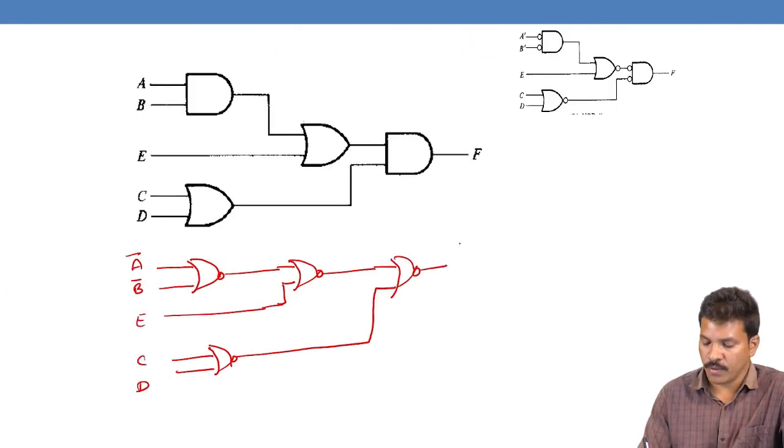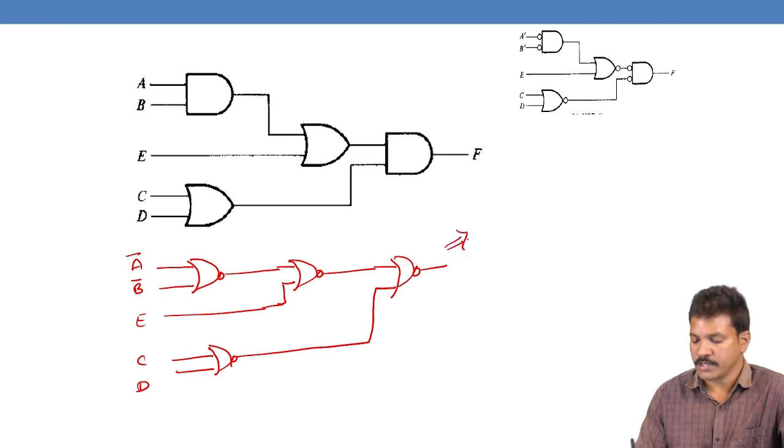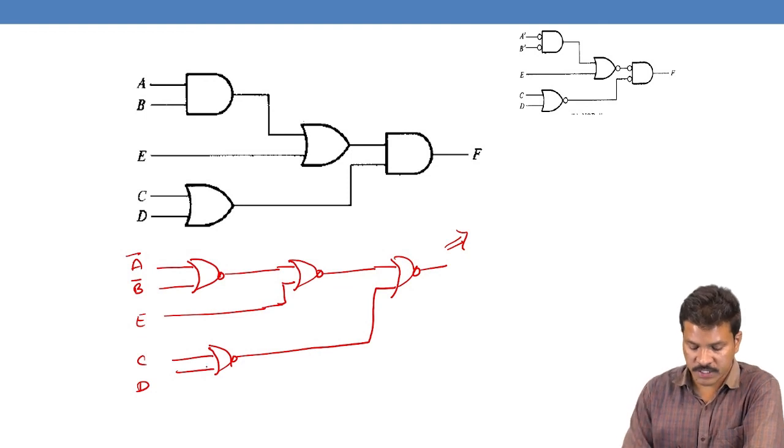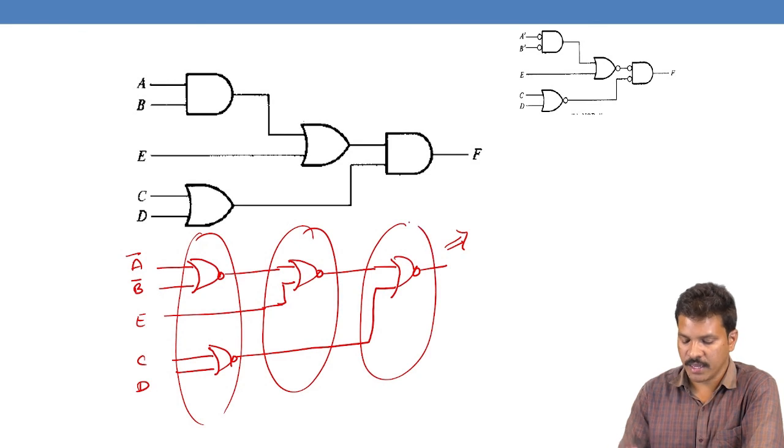This diagram we transform into an AOI diagram. How do we convert this into an AOI diagram? This is level 1, this is level 2, this is level 3. So alternate levels can be converted: this NOR gate can be converted into a bubbled AND gate.